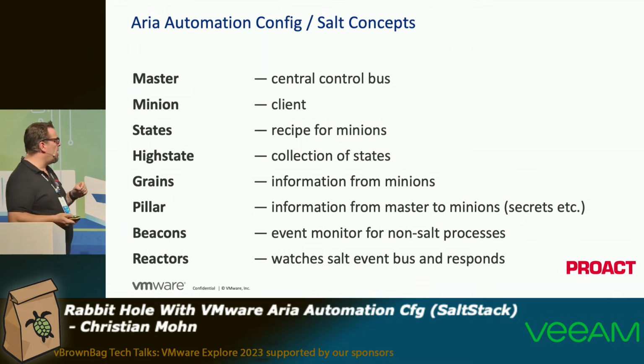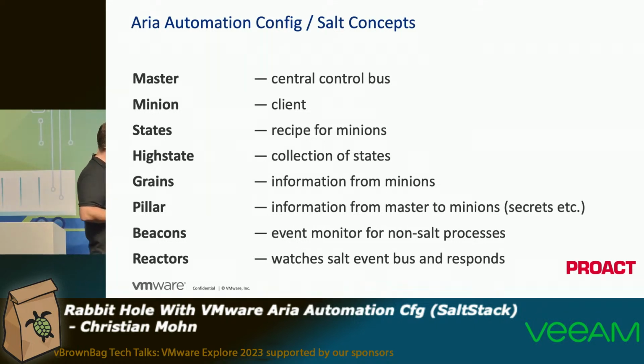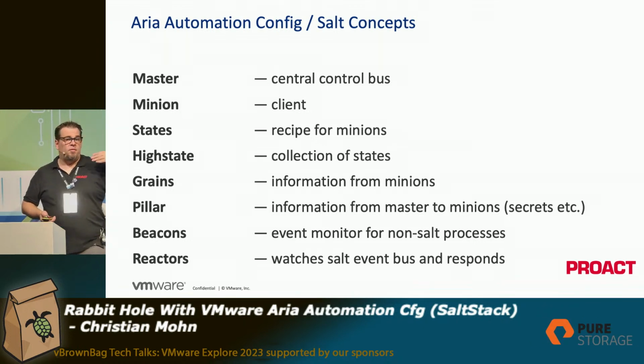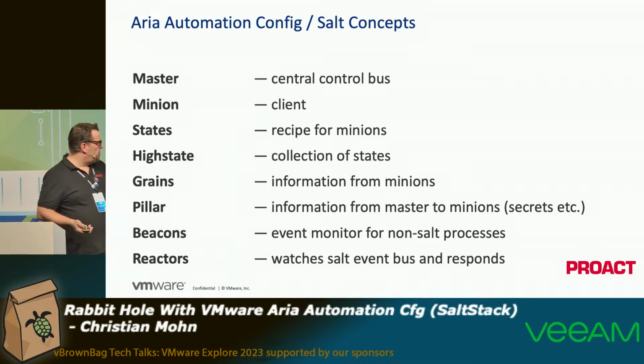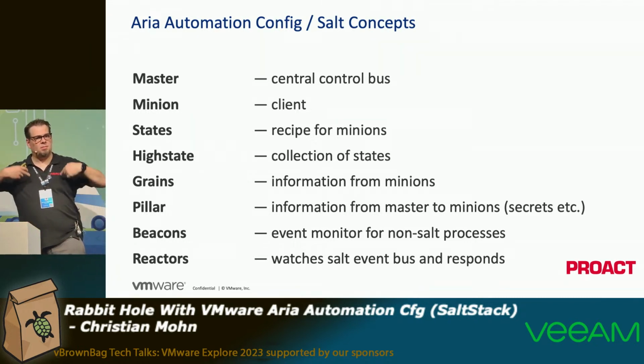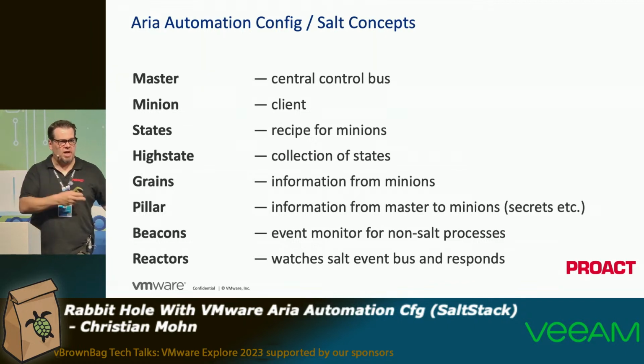Beacons are a way of monitoring non-salt events and processes on a minion. So if a file changes, if someone changes the host file, adds a file somewhere, or edits a file, the beacon can send that signal to the reactor that then does something based on what's changed.